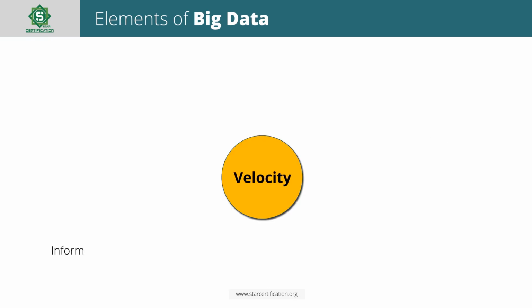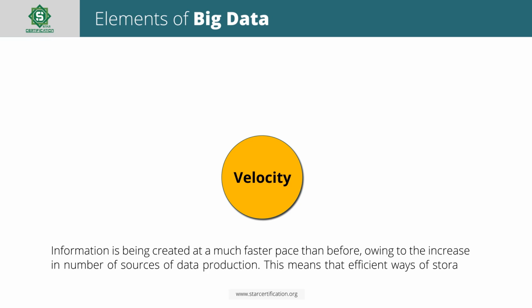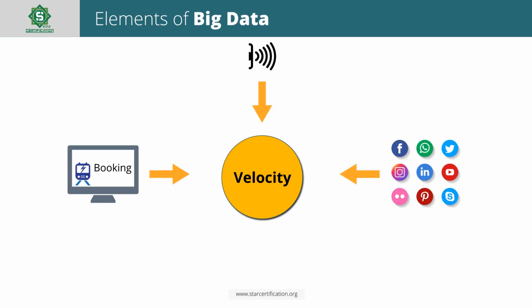Velocity. Information is being created at a much faster pace than before, owing to the increasing number of sources of data production. This means that efficient ways of storage and real-time analytics are required for such data. Real-time systems such as railway bookings, social texting, and sensor tokens are producing new data elements every moment.